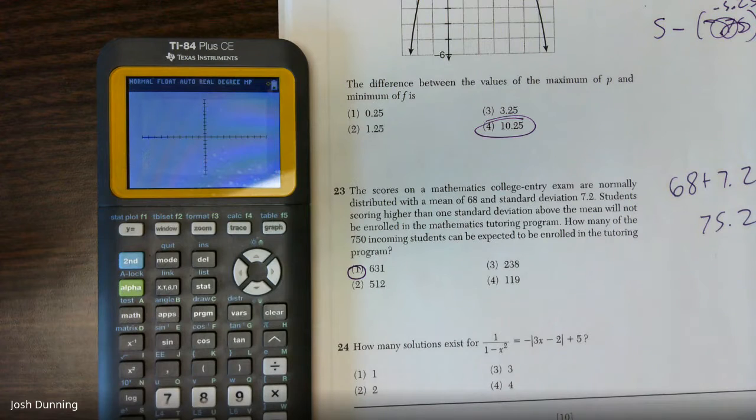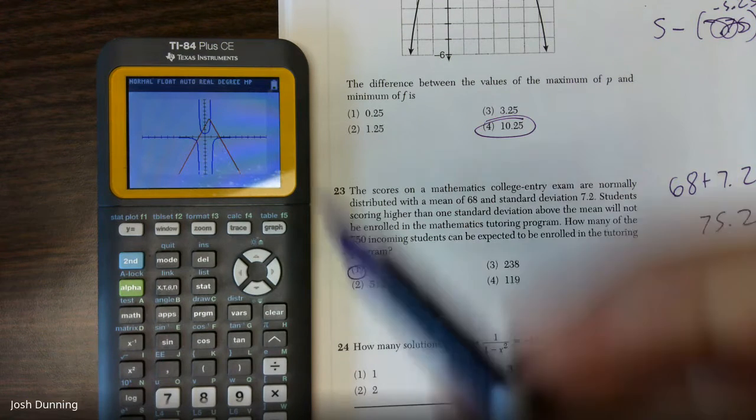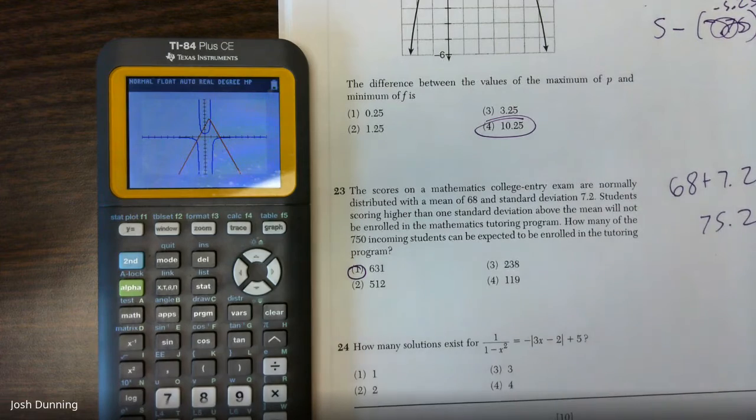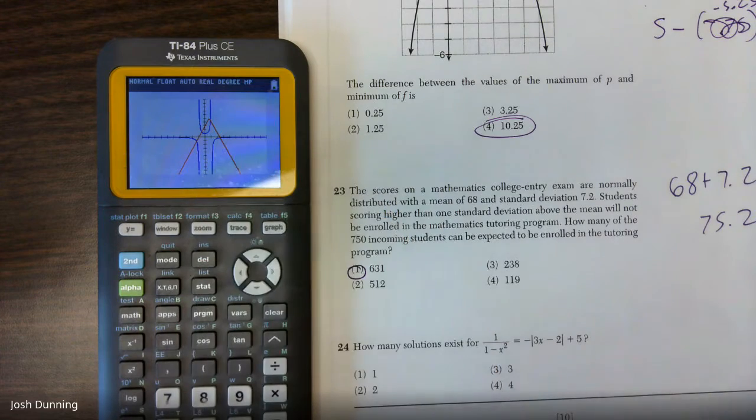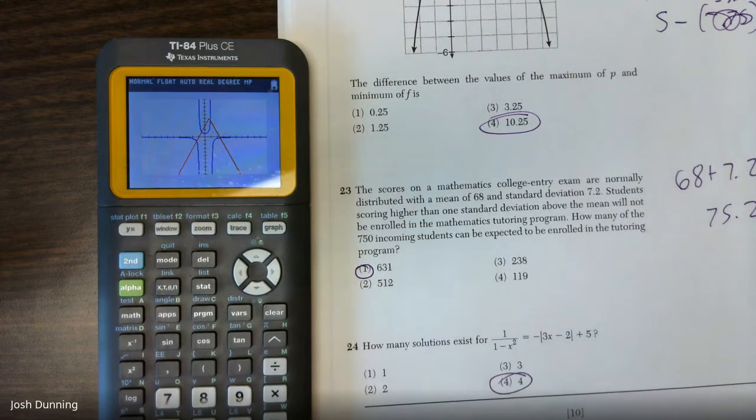Let's see what happens. Ooh, that first one's weird, isn't it? Solutions are where they intersect. Luckily, it doesn't ask us for all of them, but how many exist? 1, 2, 3, 4. They intersect 4 times right on the 10 by 10 window.